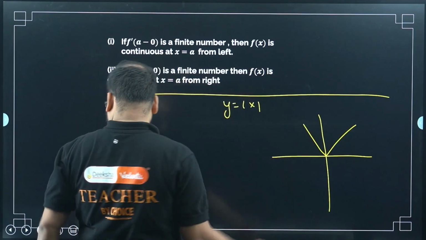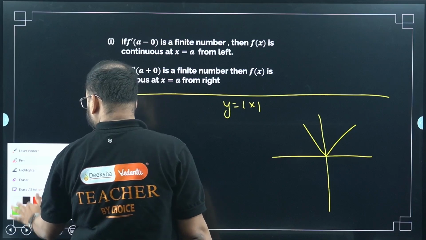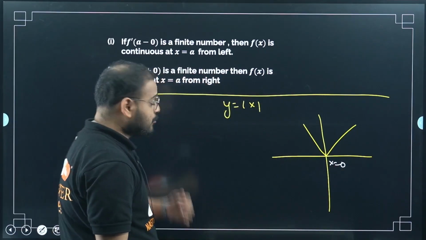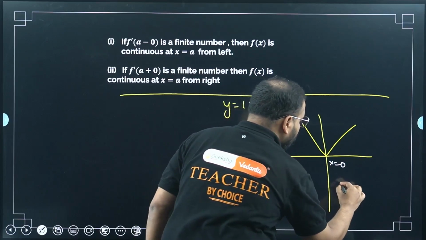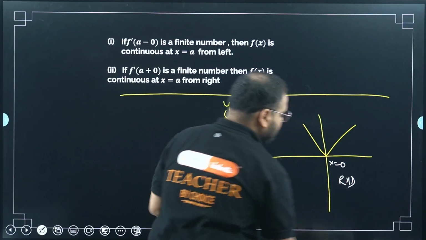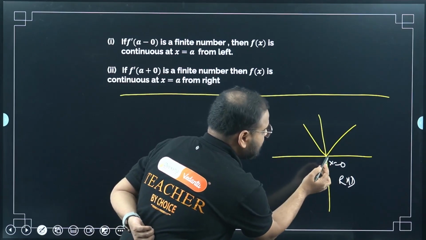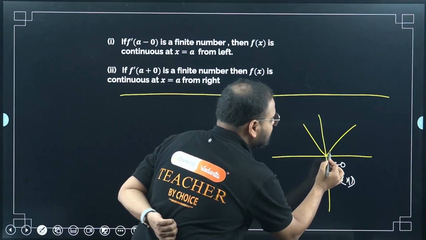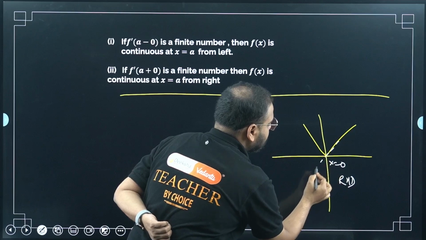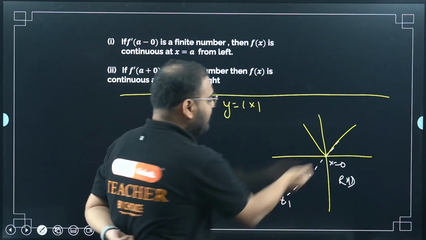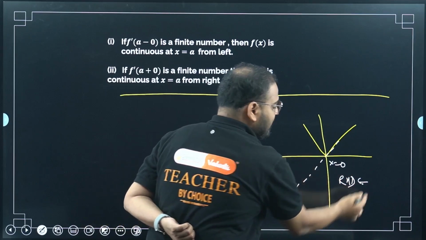If I draw the tangent at the point x equals 0 from the right hand side, I'm trying to find the right hand derivative. If I draw the tangent for the point right next to 0, I get this as my tangent 1.